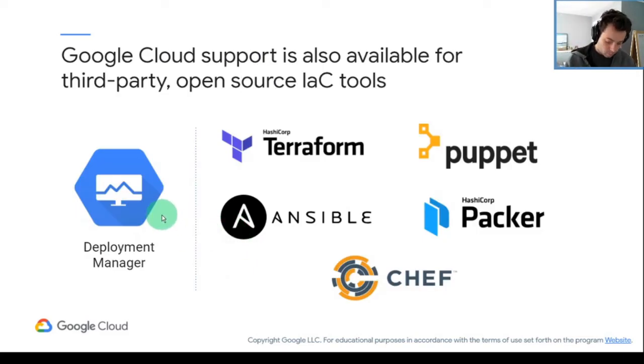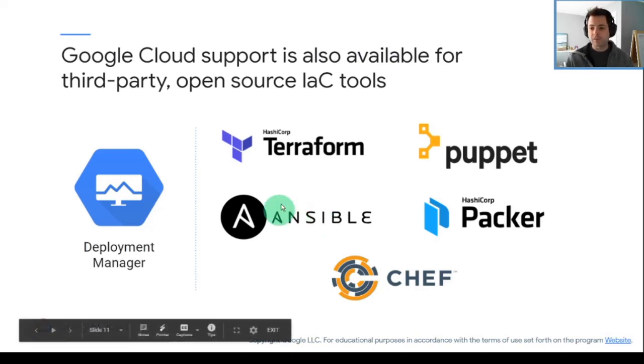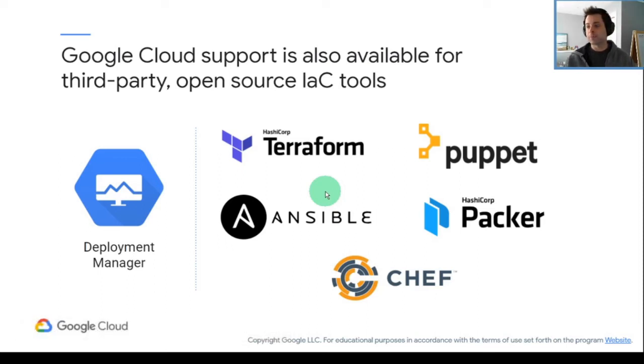Now you might be wondering, I know some of you probably have experience with other tools in this domain. Google Deployment Manager is our internal one, and I say our, inside Google Cloud. But you might have experience with Terraform or Puppet or Ansible or any of these other tools where you can very easily deploy things. I haven't decided if I want to do that yet for this class, but there is a lab where I'm considering having you play around with Kubernetes and Terraform because it's an interesting thing to do.